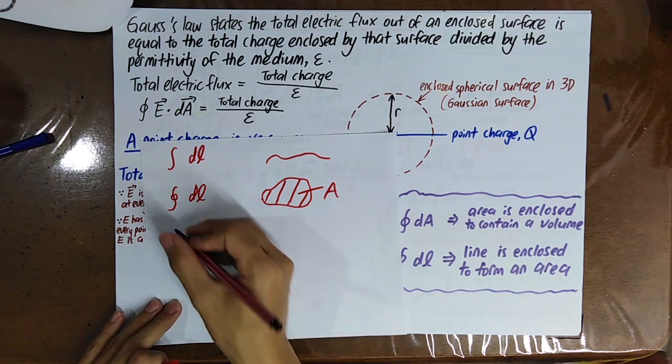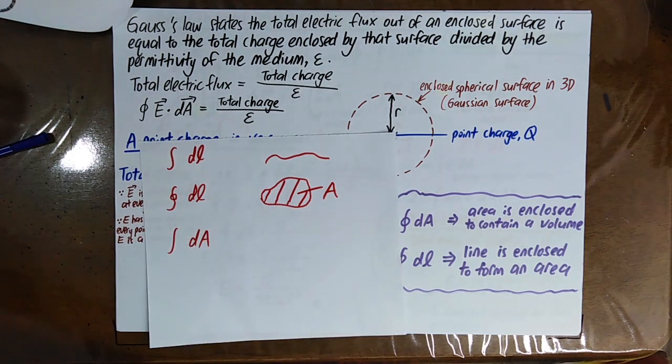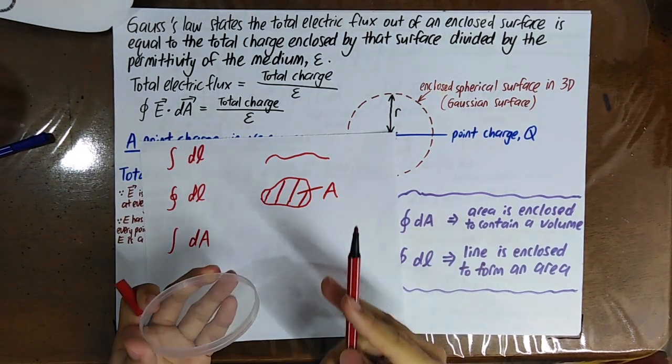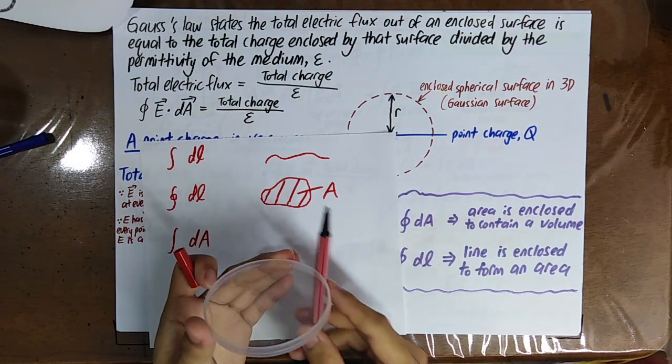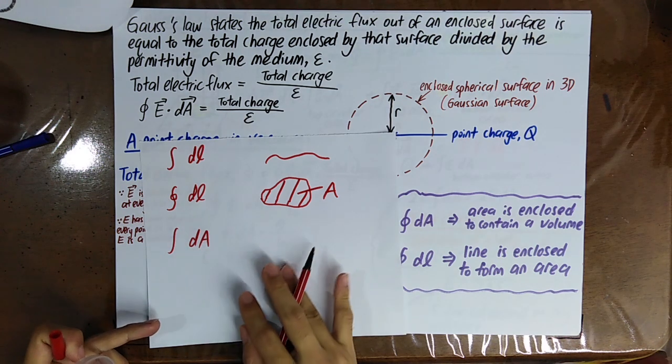And so now let's say you are doing a surface integral. That means that maybe you have a surface and then you integrate the electric field with the area. So this is just an area.